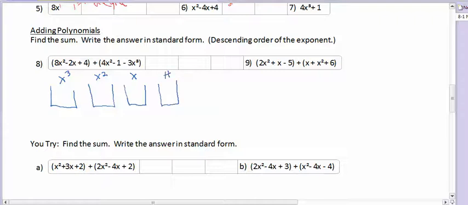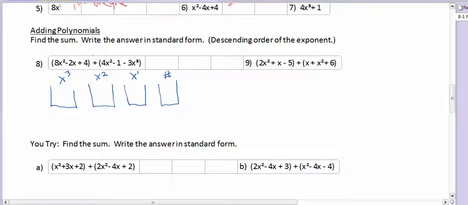What I just did here was put my buckets in descending order, 3, 2, 1, none, according to their exponent. So this is a third degree, so it started off with 3, 2, 1, and then there's none, a 0 degree there.